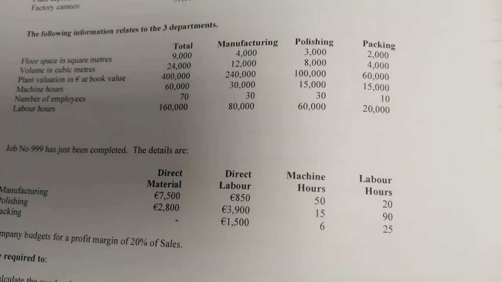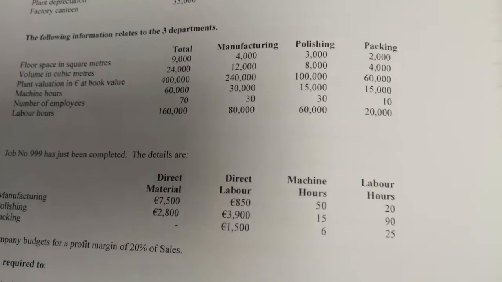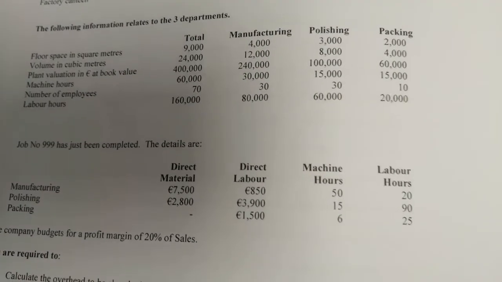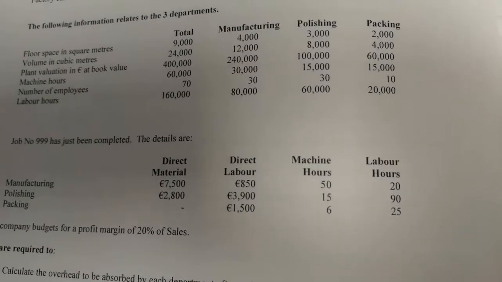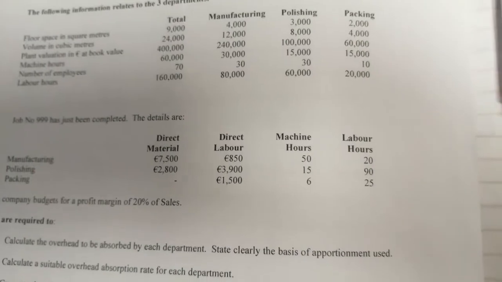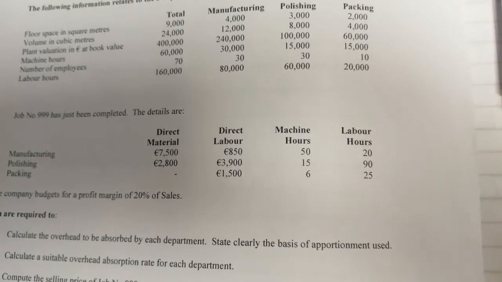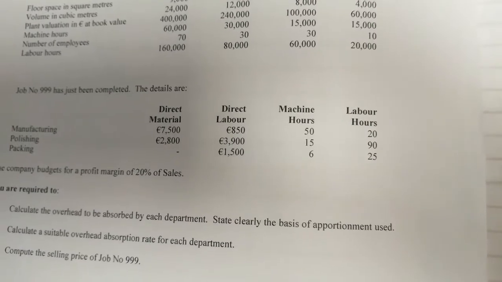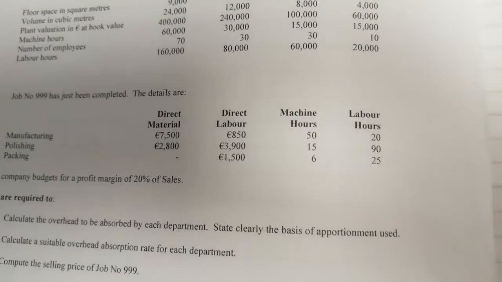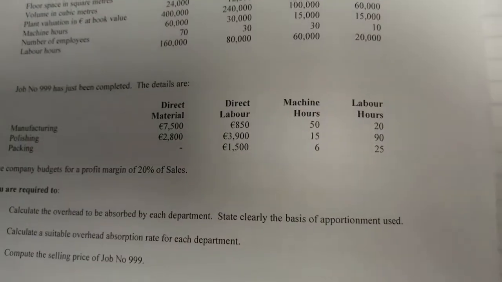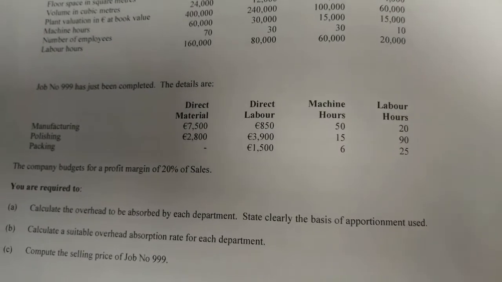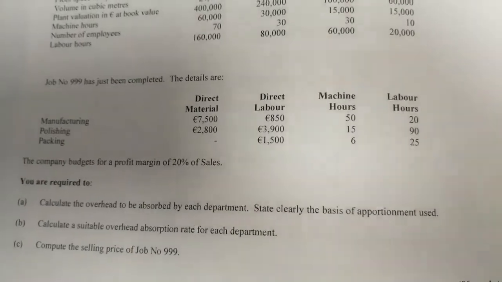If there tends to be more labour hours, use a labour hour overhead absorption rate. I also mentioned that in the exam papers, the solution you see may not be using that rule, but I want you to continue to use that rule anyway, because it is correct and you will always get full marks using that rule. And I'll explain when I'm back why the Department of Education or the SEC chooses to ignore the rule sometimes.